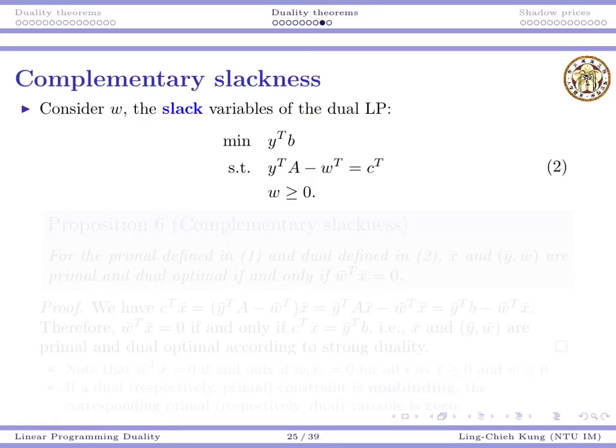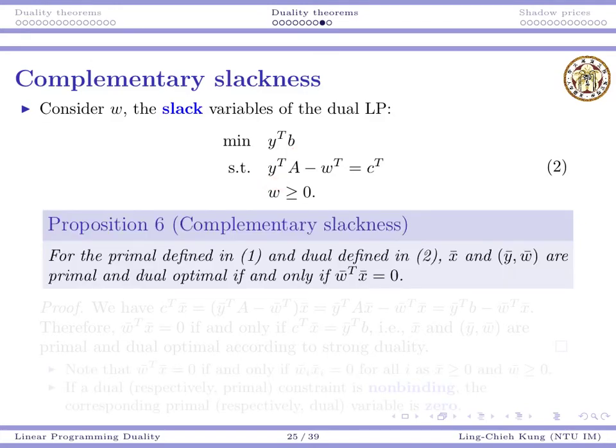Here we want to introduce one more interesting thing. Consider the dual linear program with slack variables. Because originally this is a greater than or equal to inequality constraint, we subtract slack variables w and make these equality constraints. Do not forget, this is not a standard form because y are not non-negative.